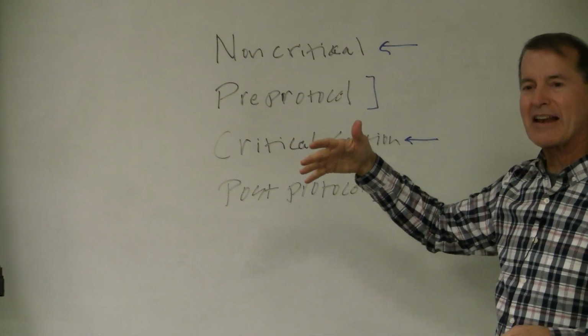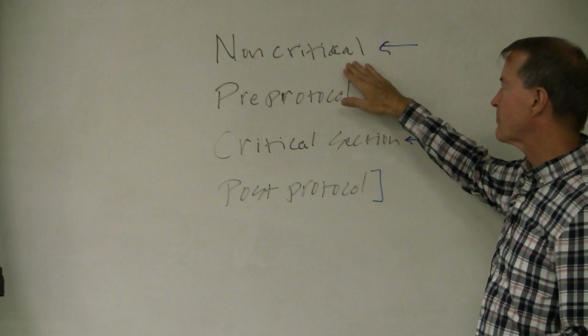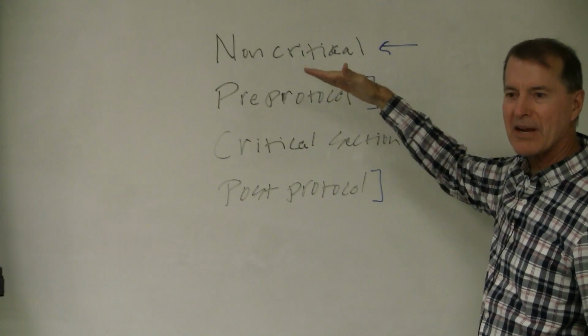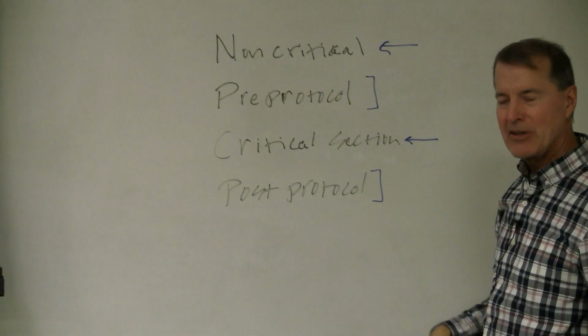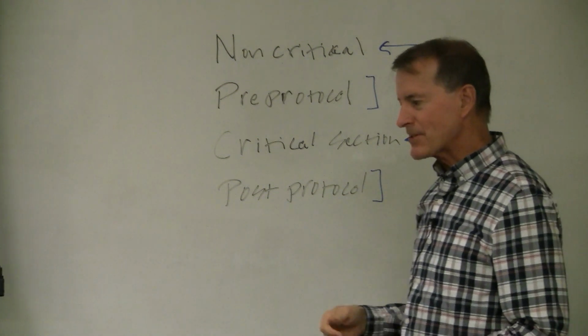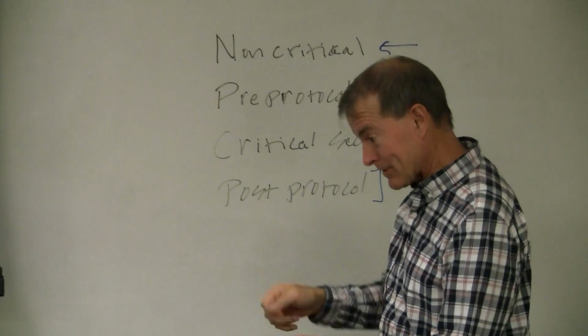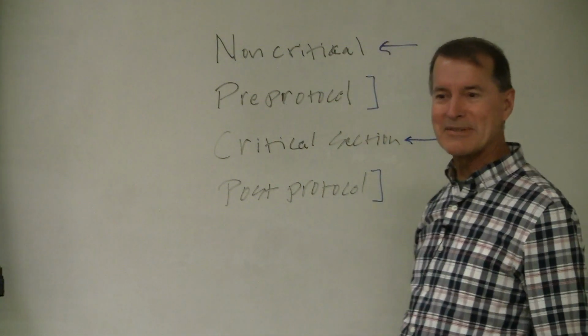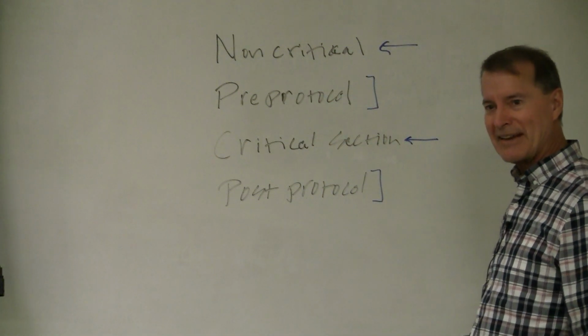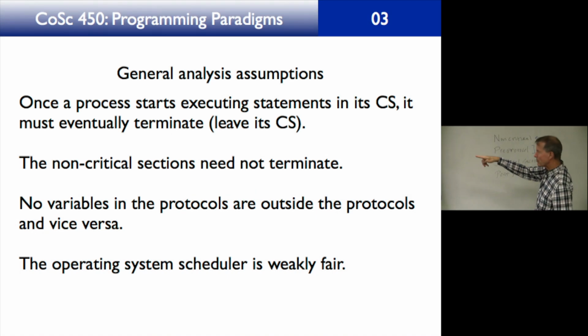In other words, it's not allowable for some other part of the program to muck them up, like if one process says, oh, if I change this variable, I'll be able to get into my critical section before him, so I'm just going to change the variable. You can't. Are you with me on that? So no variables in one protocol outside the protocols, and vice versa.